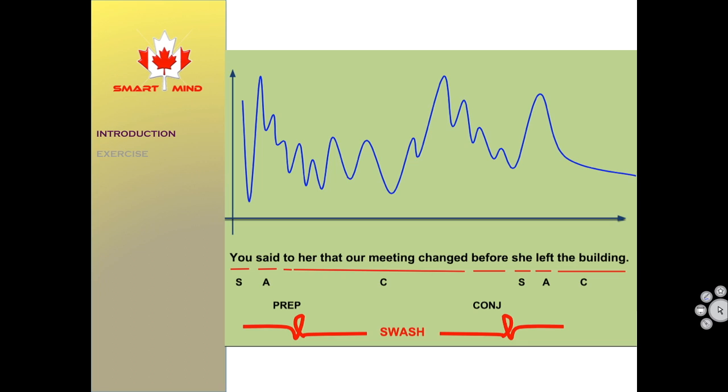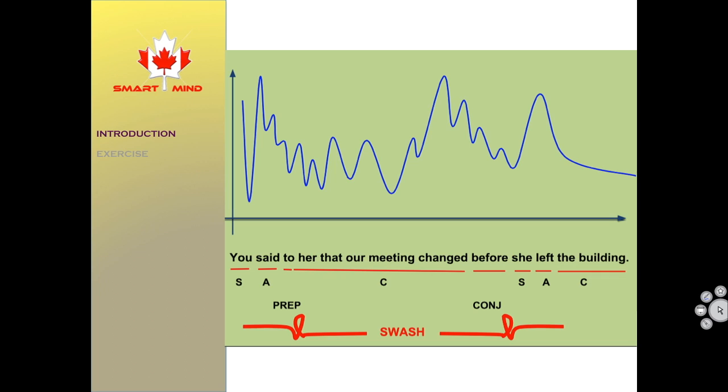So I'm passing over the importance, the different importance, of some of the words of the phrase. In this case, I pass over the importance of three words: said, changed, and left.